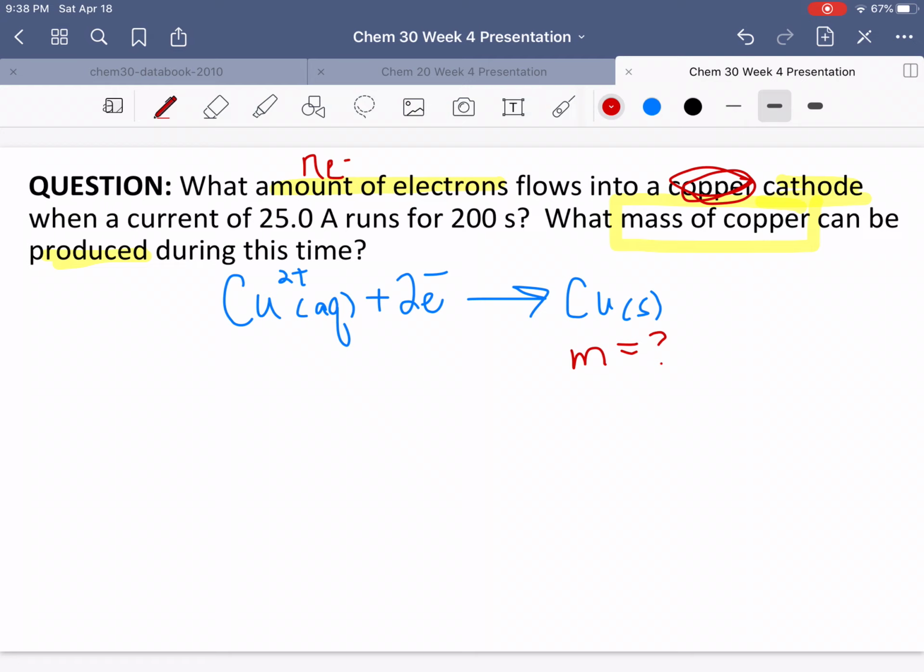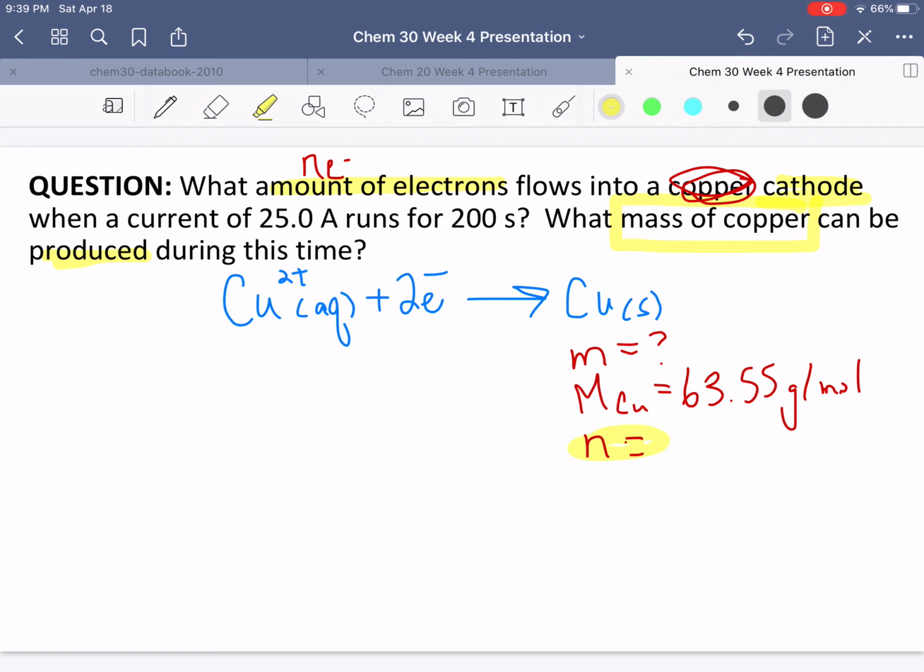Now, that means if we're going to get to mass, we need the molar mass of that copper. Well, that's no big deal. Find it right off of your periodic table, 63.55 grams per mole. And we're going to need N. Here's an issue. We don't have the number of moles of copper solid at all. So if we don't have N, how are we ever going to get mass?